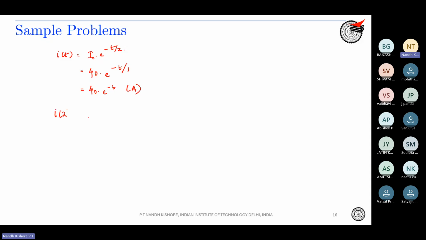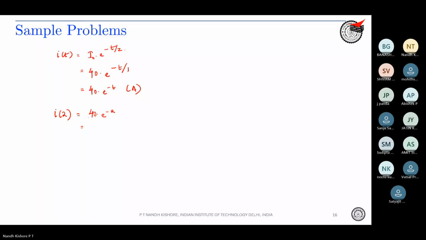At 2 seconds, the current is 40 into e power minus 2, which I'm getting as 5.41 ampere. All right, so this is the current at 2 seconds.